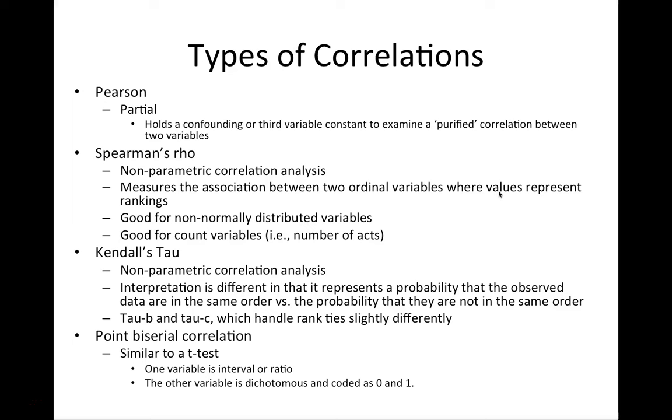And then point biserial correlations are very similar to a t-test. This is a situation in which you have one variable that's interval or ratio, and the other variable is dichotomous and coded as 0, 1. For example, in the first module assignment that we did, we looked at t-tests, and we looked at mean differences in contraceptive self-efficacy for young men and women.